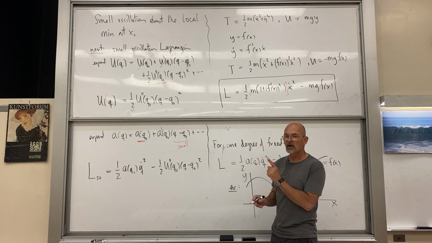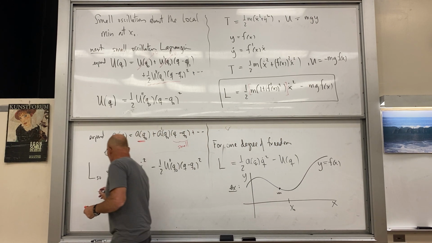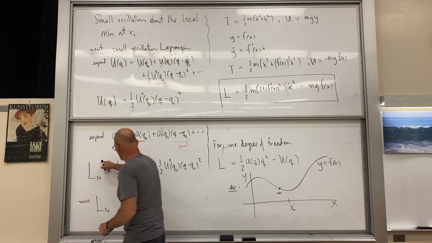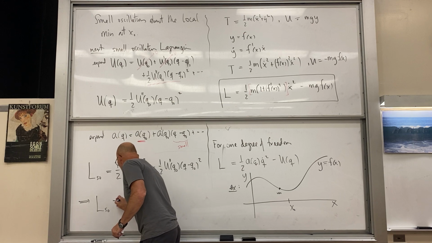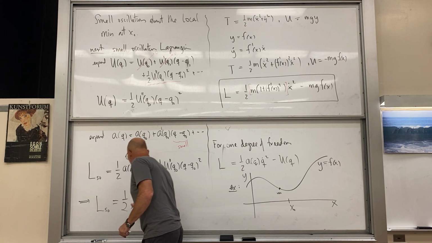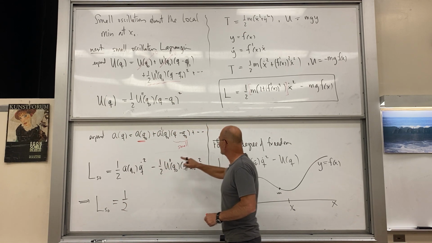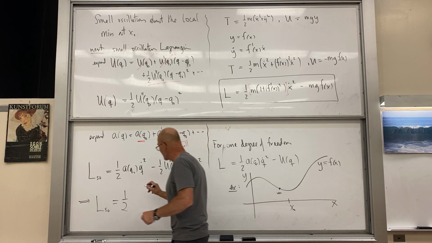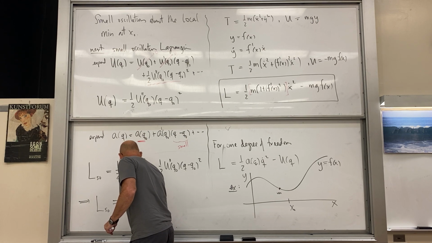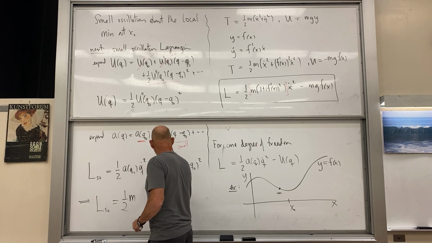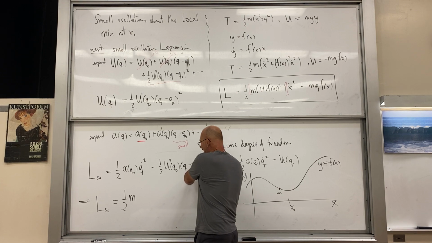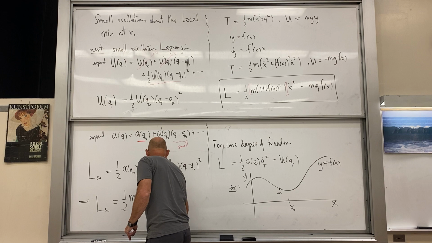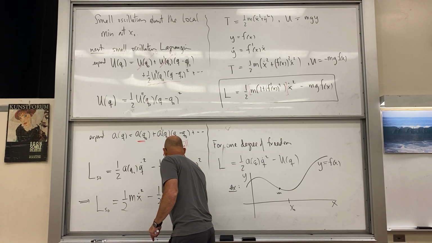And having come this far, this wasn't the real one yet, okay? In terms of the nomenclature, our A of Q0, which is just a constant from this function here, is going to be just named M. Even though it's not the mass, we're just going to name it M. The Q minus Q sub 0 we're going to name X, so we'll have 1/2 M X dot squared minus 1/2 K X squared.